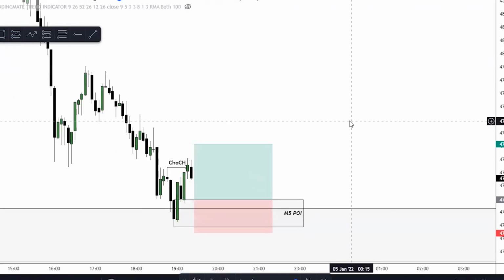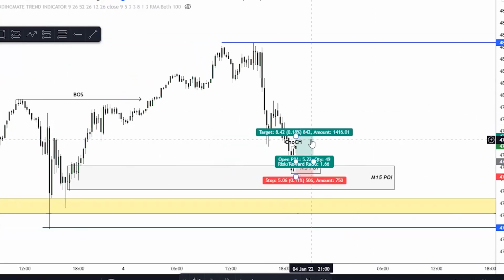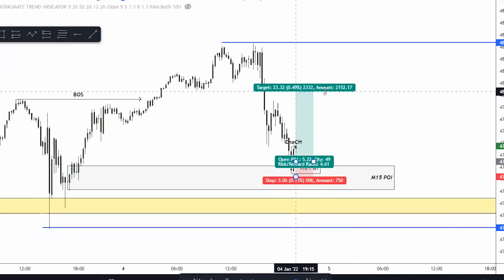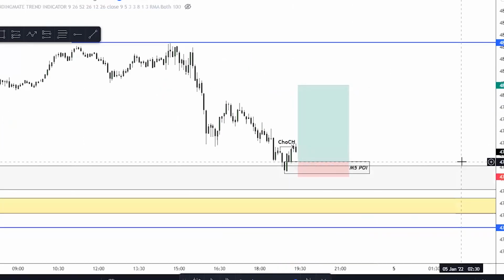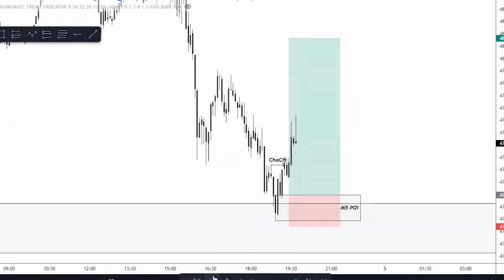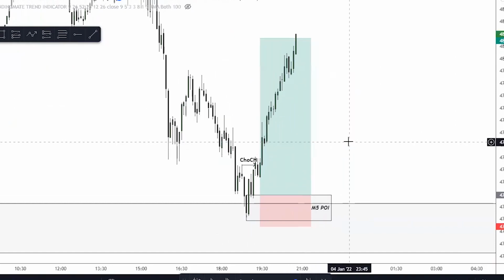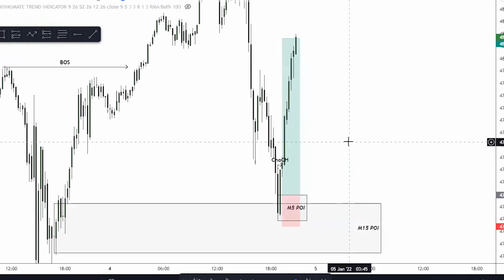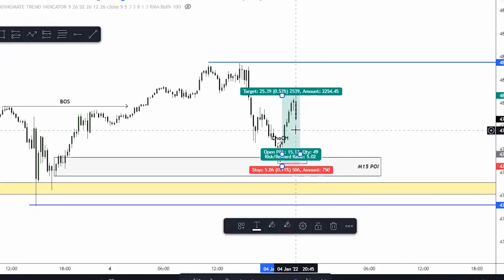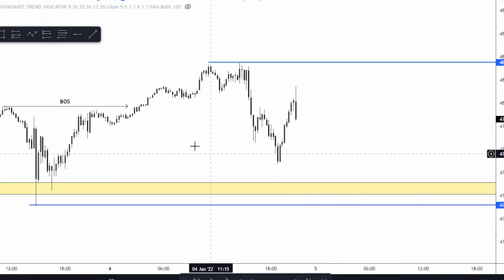Below this, for the aim, you'll be able to aim for this one right here, 1 to 5. Maybe this one. So let's see. Yeah, so technically it's not hit anymore, so most likely I would not enter this trade anymore.